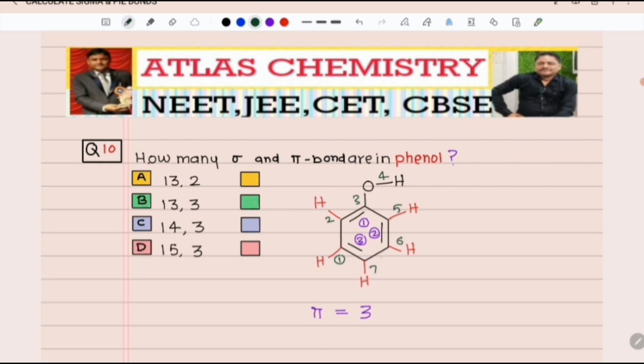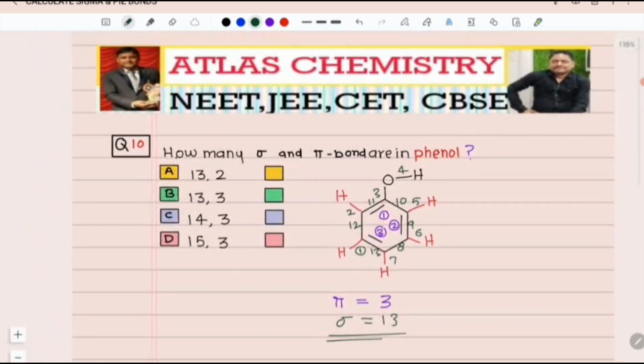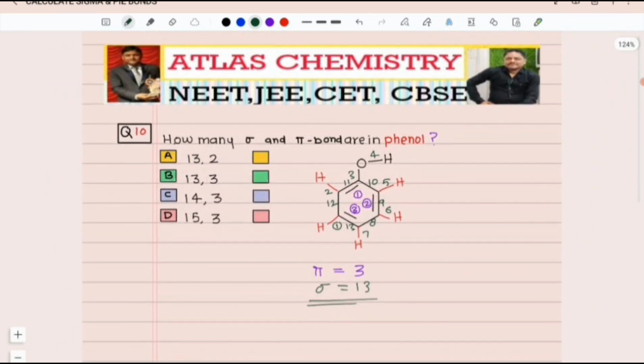And in the ring 8, 9, 10, 11, 12, and 13. So sigma bonds are 13 and pi bonds are 3. So from the given options it is clear that our answer is B, 13 sigma bonds and 3 pi bonds.